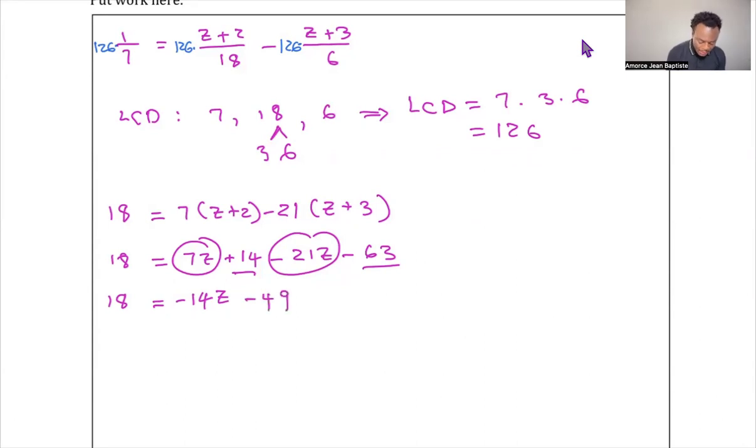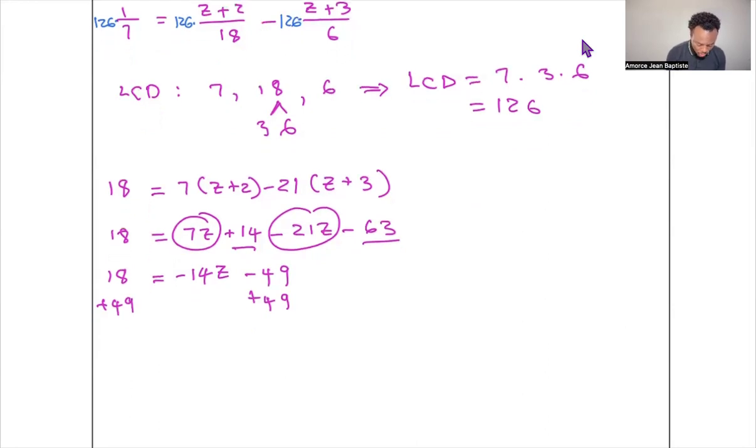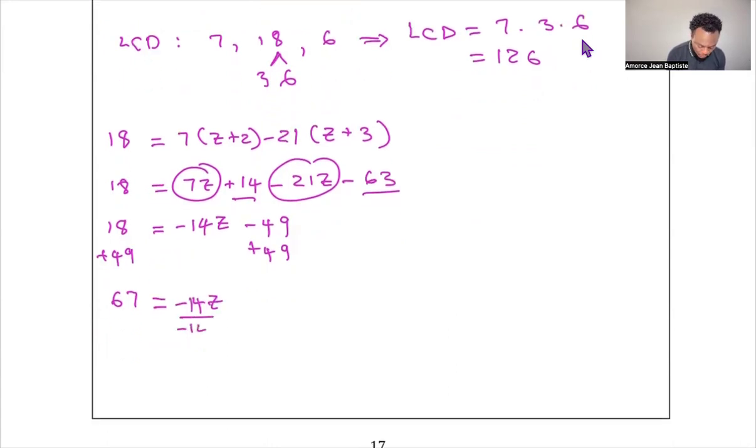And now we can add 49 on both sides. Then you get 67 equals negative 14z. Divide by negative 14.